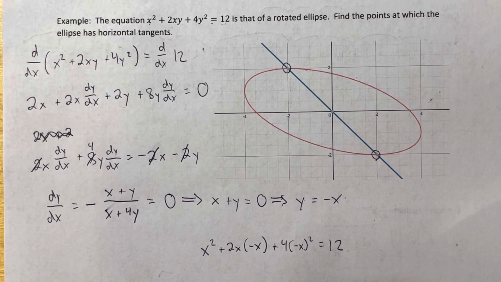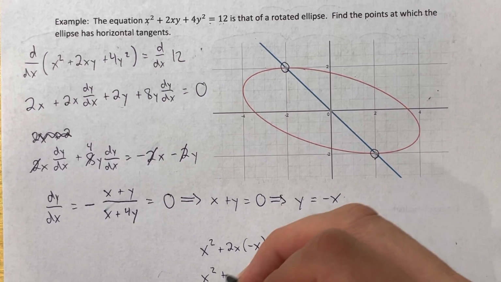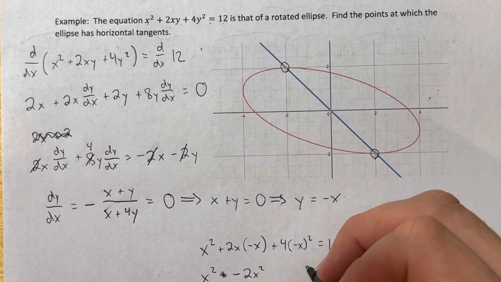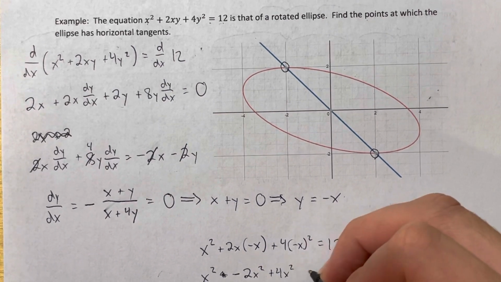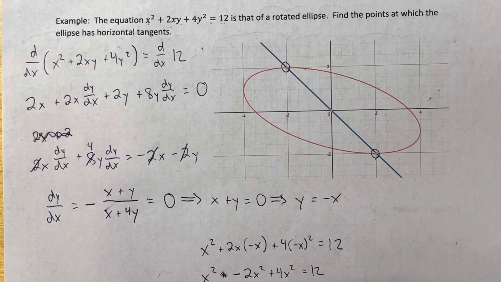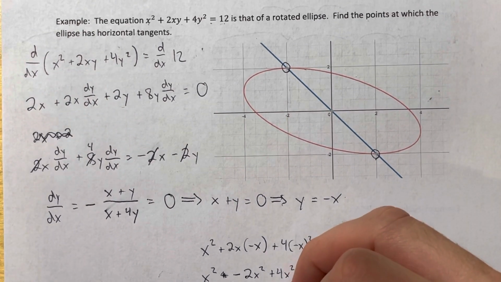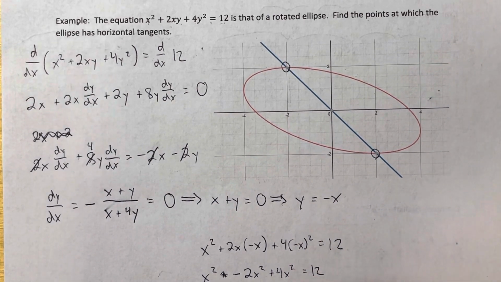Let's simplify. x squared, 2x times negative x would be minus 2x squared. Negative x squared is the same thing as x squared, so this is plus 4x squared equals 12. That's 5 minus 2, which is 3. 3x squared equals 12, which means x squared equals 4.